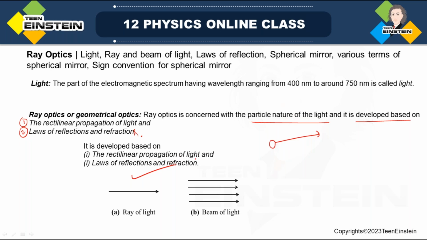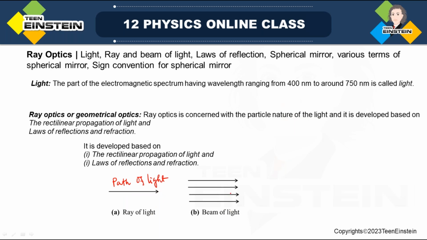And the path along which the light travels is called the ray of light. So this is the path of light. The path along which the light travels is called the path of light or ray of light.